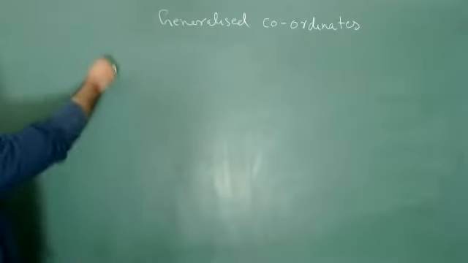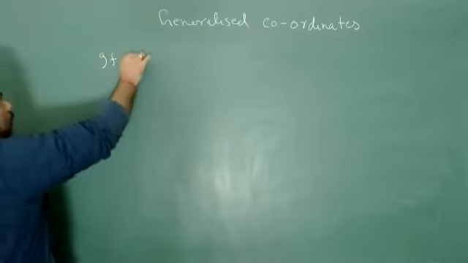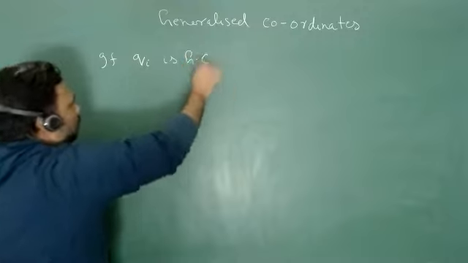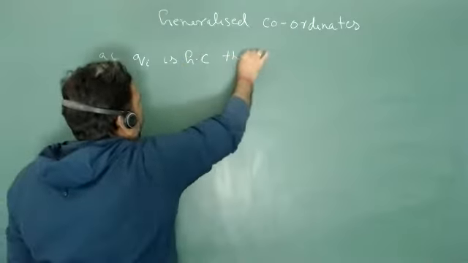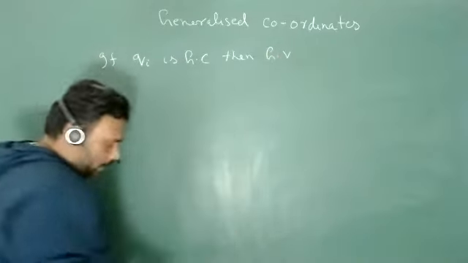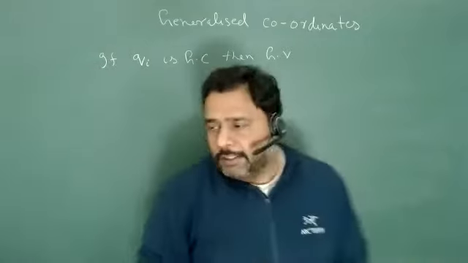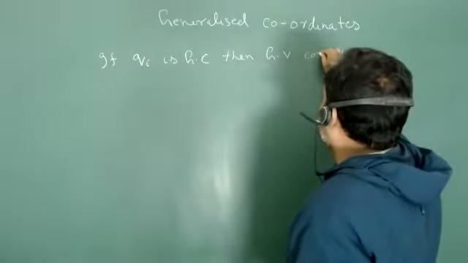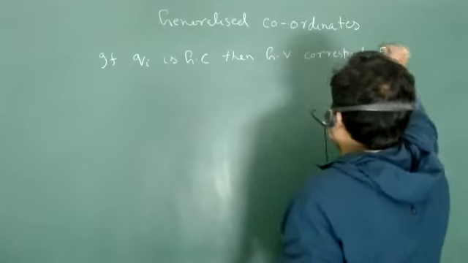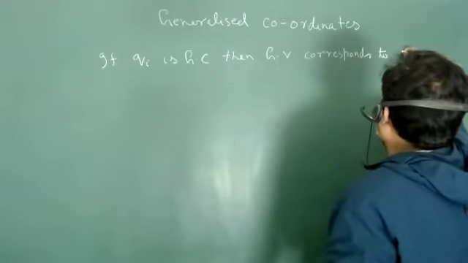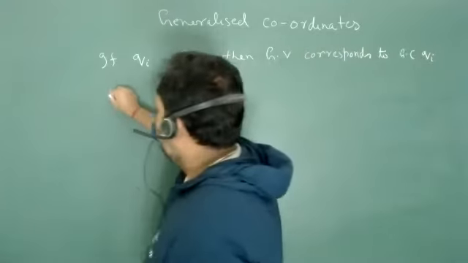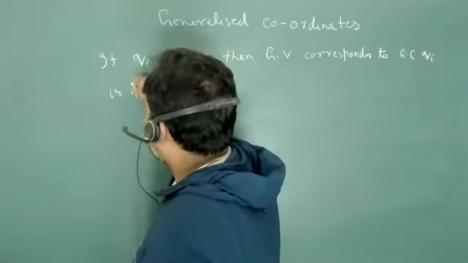Now, if qi is the generalized coordinate, then the generalized velocity corresponds to the generalized coordinate qi, and it is qi dot.